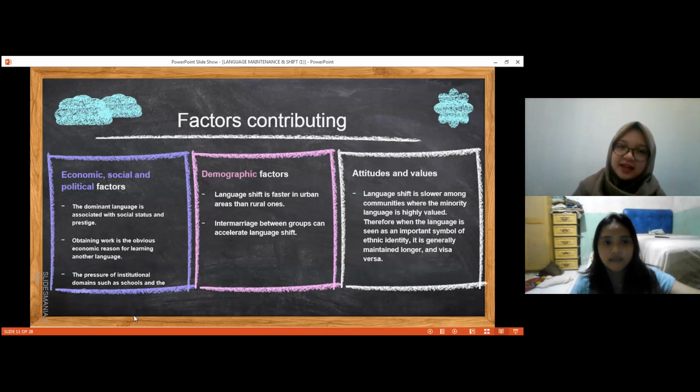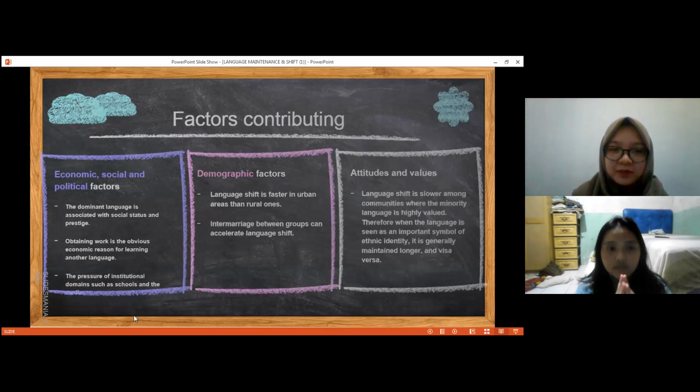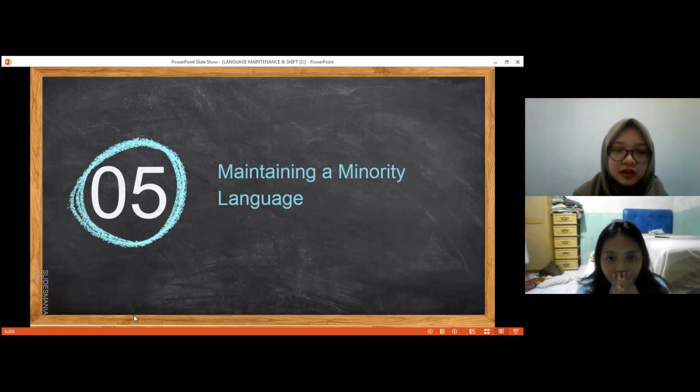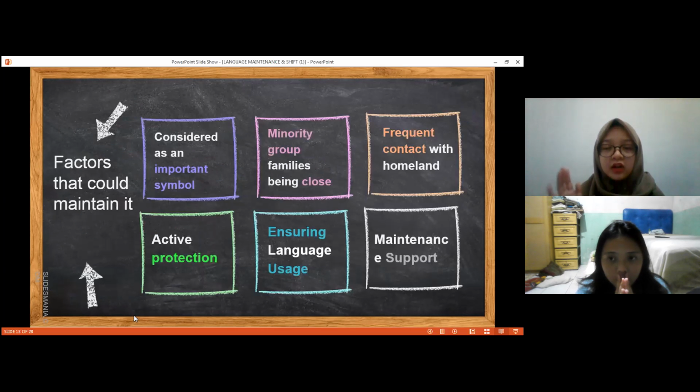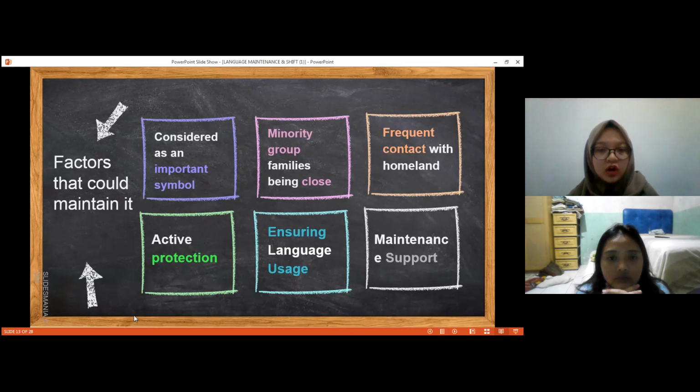Okay, next is how the minority language is maintained. There are certain social factors which seem to keep minority language groups from shifting language, at least for a time. The first one is that the language is considered an important symbol of a minority group's identity.